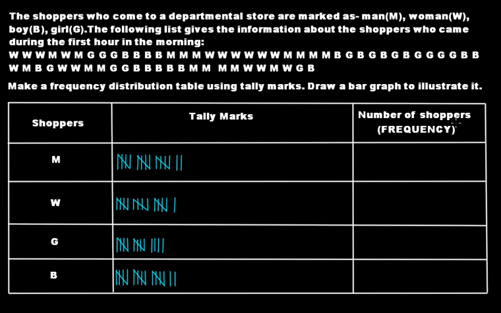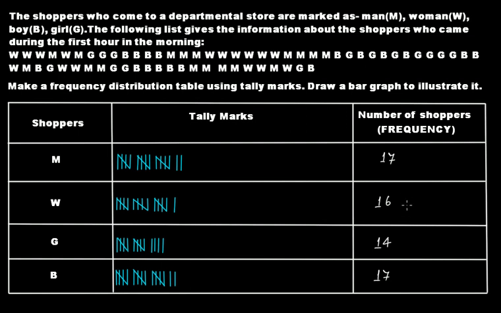So the number of shoppers who were men in the first hour in the morning is 17. Then 5 plus 5 plus 5 is 15 plus 1 is 16. 5 plus 5 plus 4 is 14. And 5 plus 5 plus 5 plus 2 is 17.